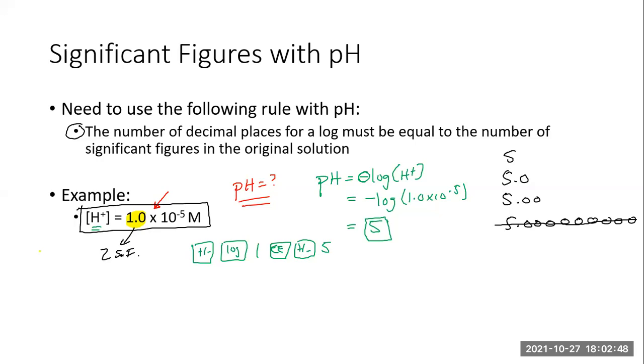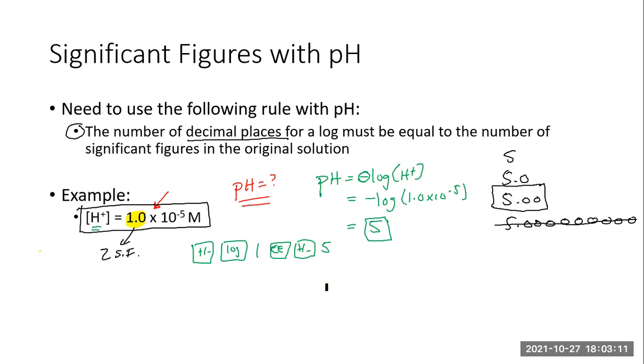Now, very often confused is that it has 2 significant figures, so I should have 2 significant figures in my pH value. But what it means is it's actually the decimal places, which means it should be correctly written as this one.